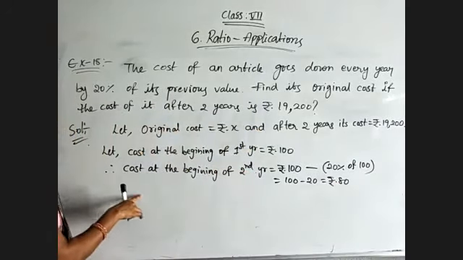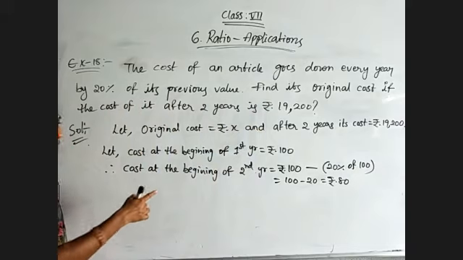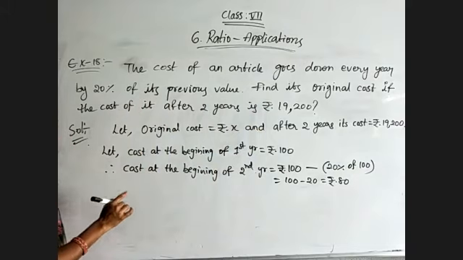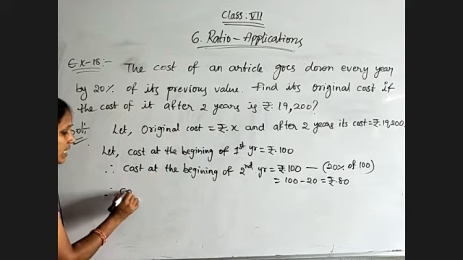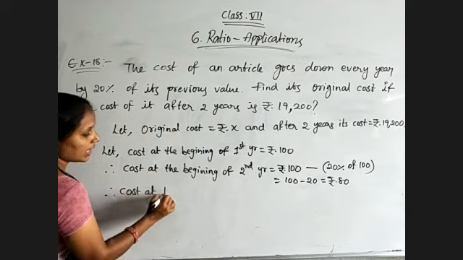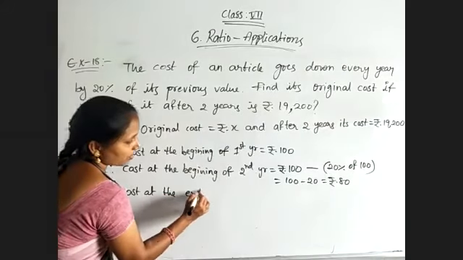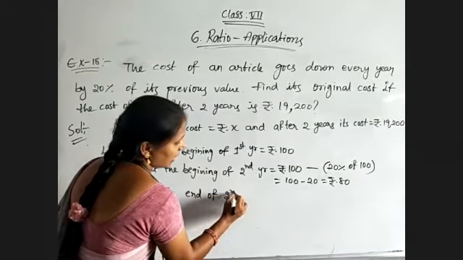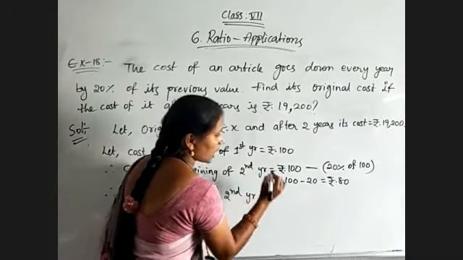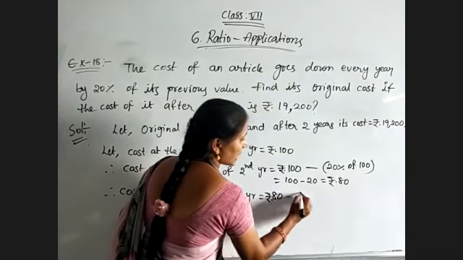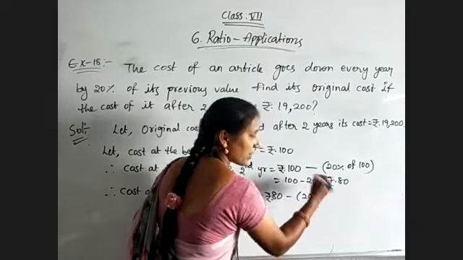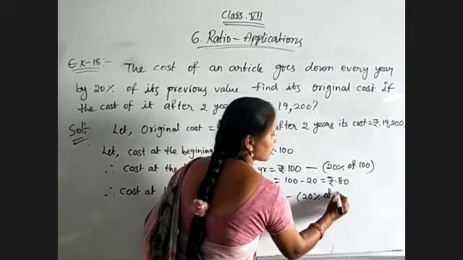The cost at the beginning of the third year is nothing but the cost at the end of the second year. So the cost at the end of the second year will be 80 rupees minus 20% of the previous value, that is 80 rupees.